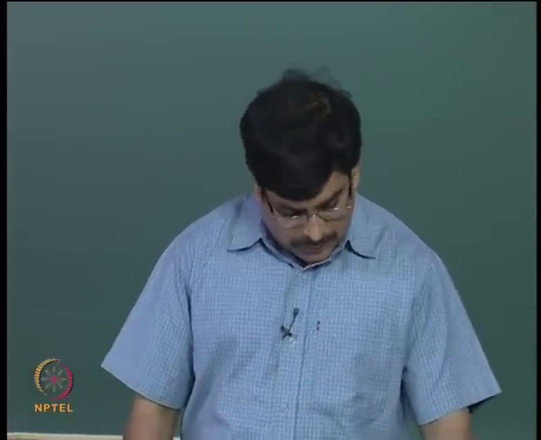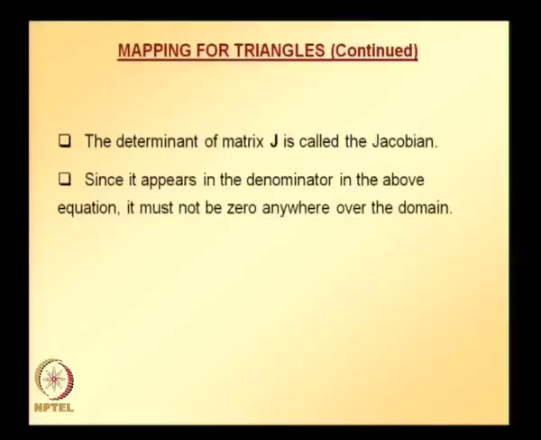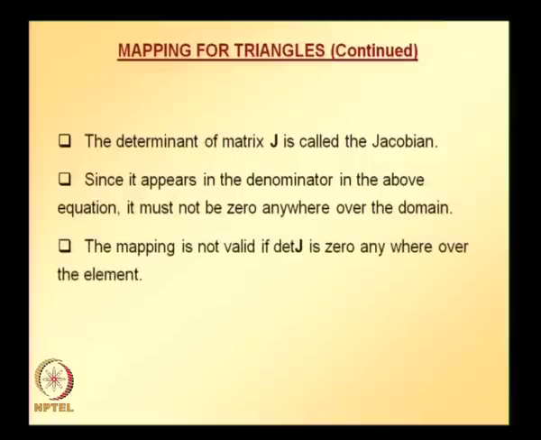And similar to quadrilateral elements, the determinant of matrix J is called the Jacobian. Since it appears in the denominator in the above equation, it must not be 0 anywhere over the domain. Mapping is not valid if the determinant of J is 0 anywhere over the element.